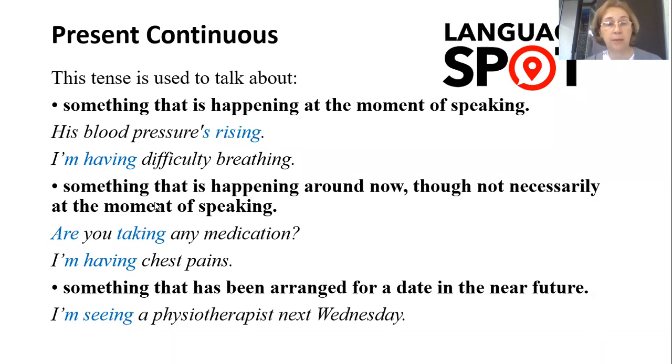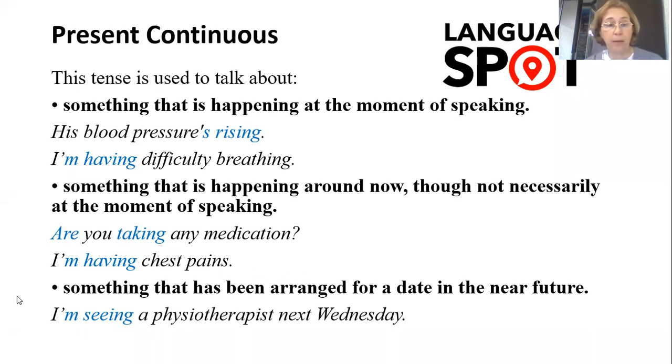Then something that is happening around now, though not necessarily at the moment of speaking. Example, are you taking any medication? It's not about the moment now, but this week, for example. Are taking. And I'm having chest pains, for example, for 2 days.